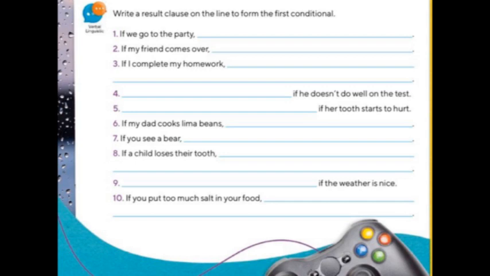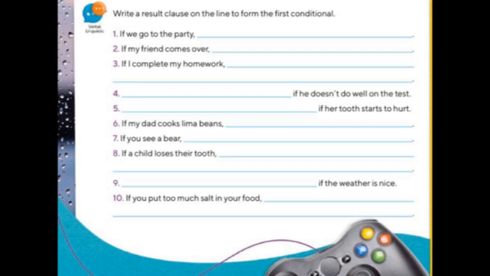Okay? Let me help you with a few examples. Number one, let's read. If we go to the party, now let me ask you something. That clause, is it an if clause or a result clause? It's an if clause because we see the word if there. Okay. If we go to the party, what's going to happen later in the future? I'll give you an example.